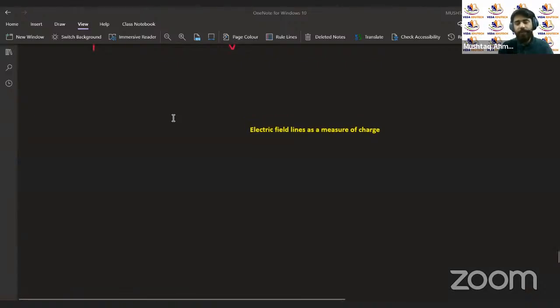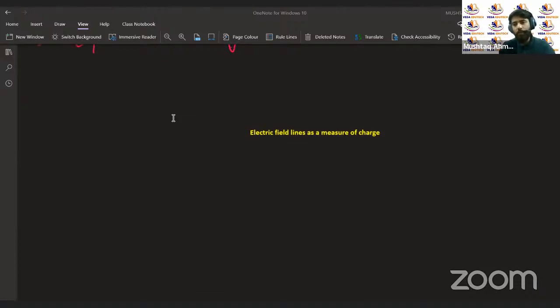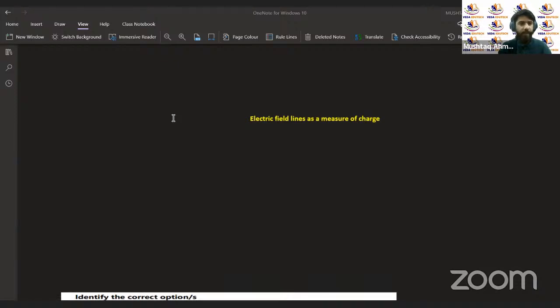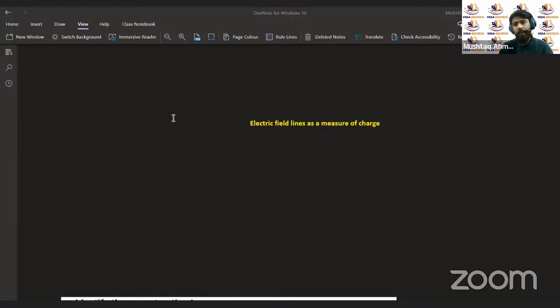So in the last class, we discussed some of the properties of electric field lines. One of the important properties we discussed was that an electric field line is a continuous line. The electric field lines are continuous, with no breaks or jumps, and they are a pictorial representation of the electric field.